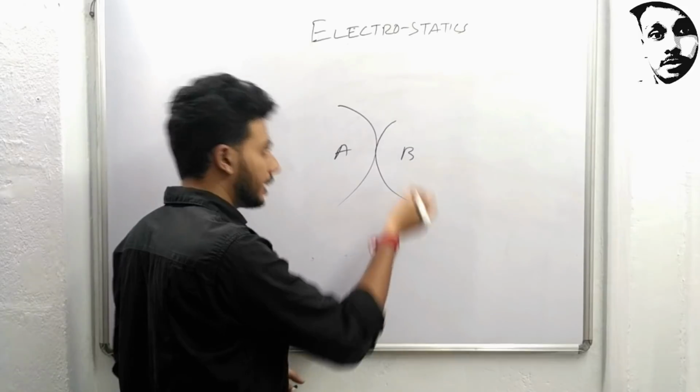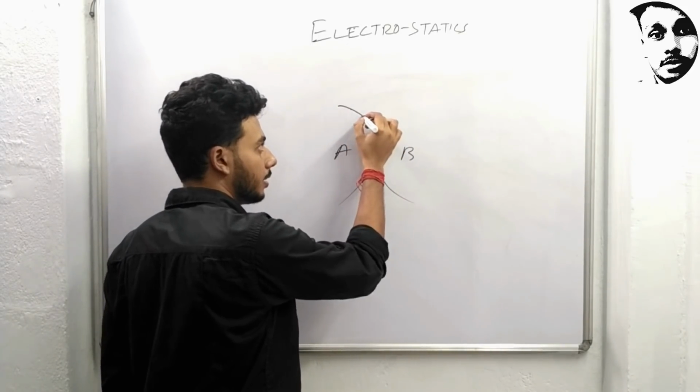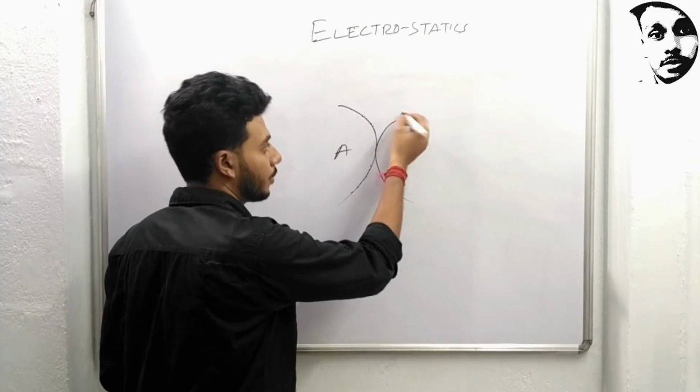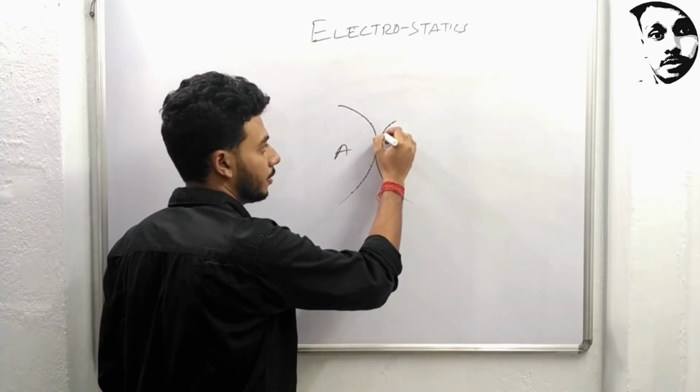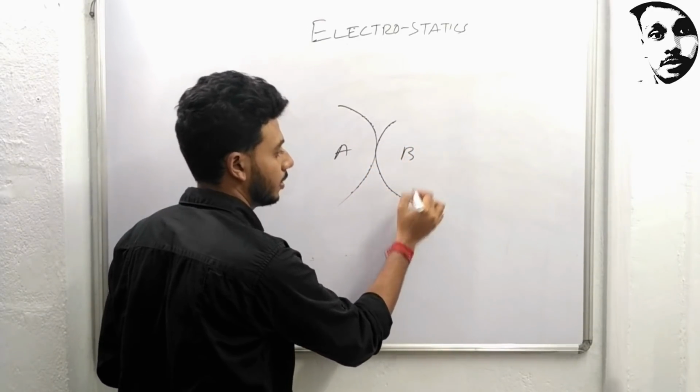Now, the surface level molecules of A live here, and the surface level molecules of B live here. These molecules live on the surface of the objects.